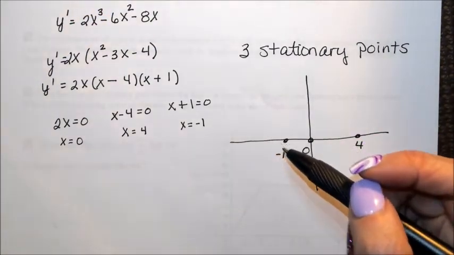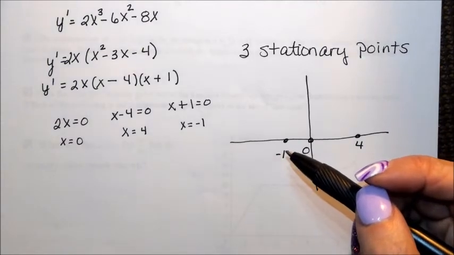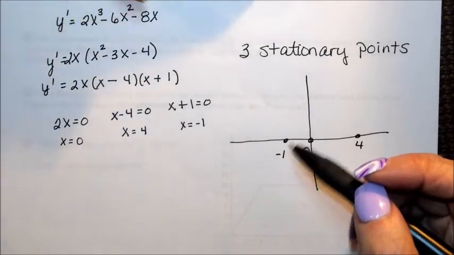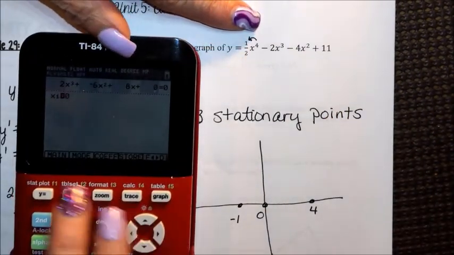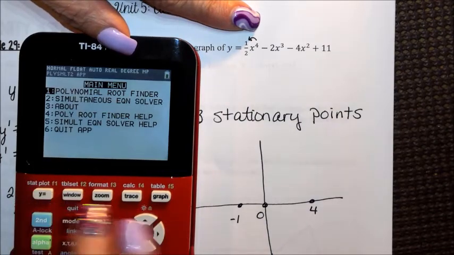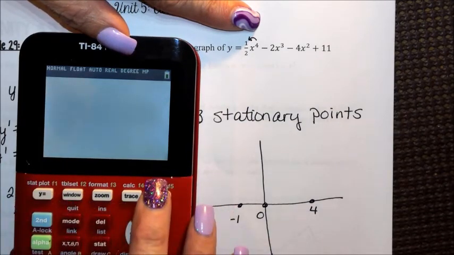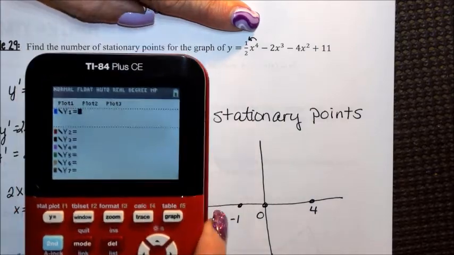So I'm trying to think which way I want to do this. I could graph this in my calculator if I wanted to. Let's see. I forget, when you get in that polynomial solver, it gets really hard to get out of it.